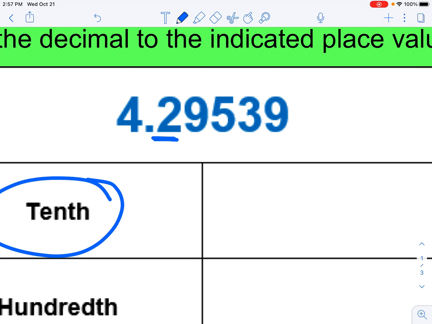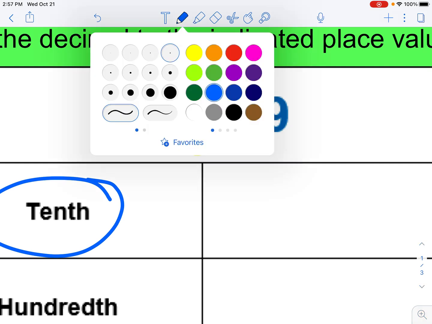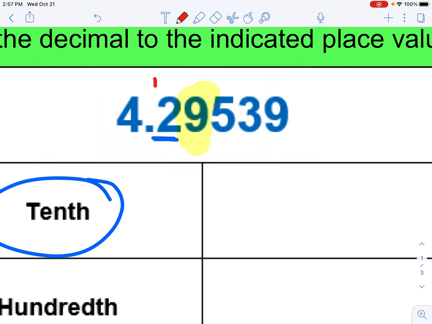Now we're going to highlight, so grab your highlighter, the digit to the right of it. So it's that 9. Is that digit 4 or less, or is it 5 or more? Right, it's 5 or more. So what that means is I'm going to add 1 to this 2, which will make it a 3.